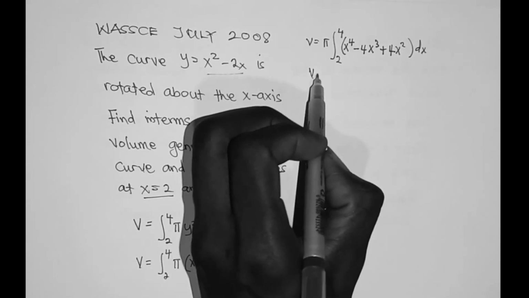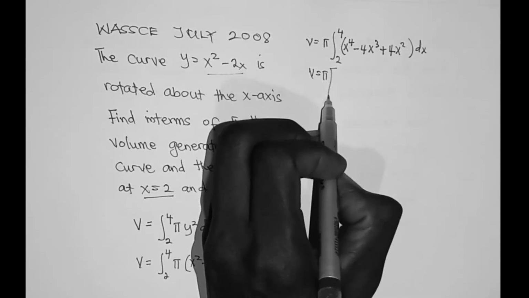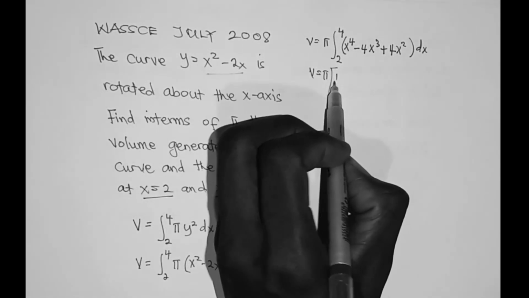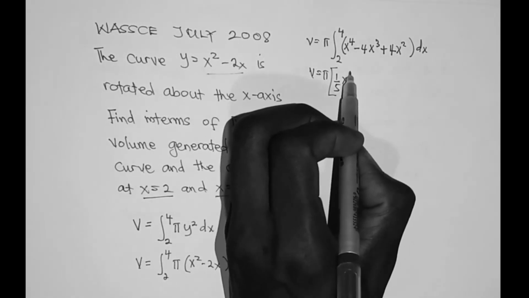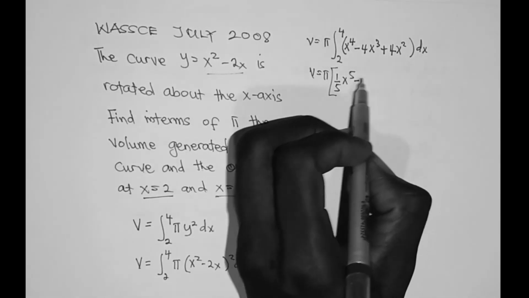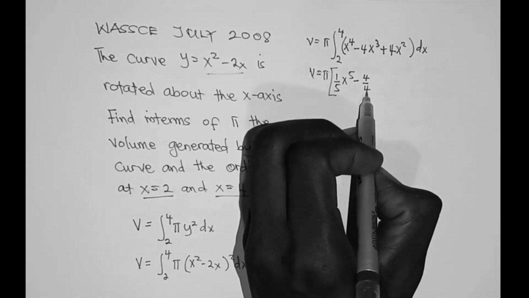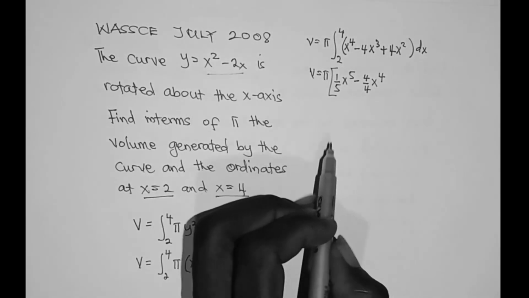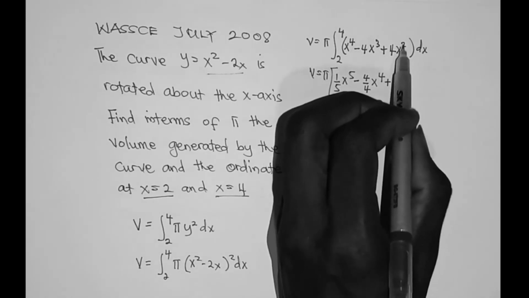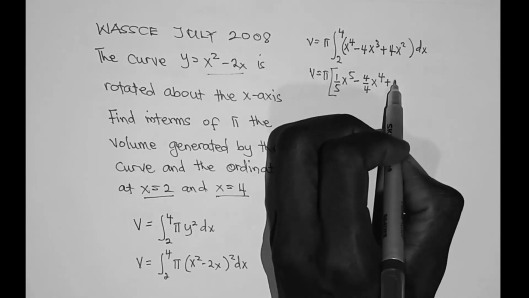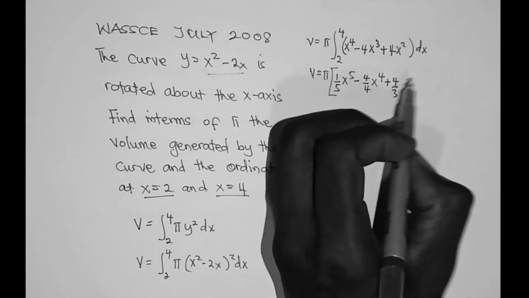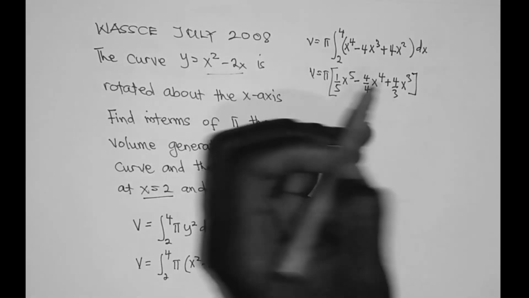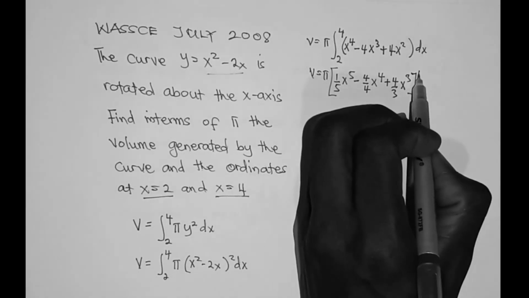So let's go ahead and do the integral. This is pi. We add 1 to the exponent and divide by the result. It becomes 1 over 5 x to the power 5, then minus 4 divided by 4 x to the power 4, because we added 1 to x to the power 3, then plus, adding 1 to 2 gives 3, so 4 divided by 3 x cubed. All of this is evaluated at 2 and 4.